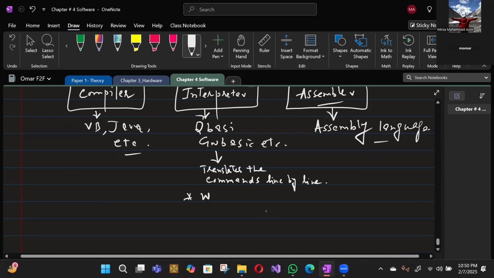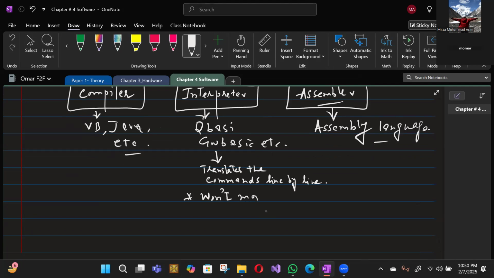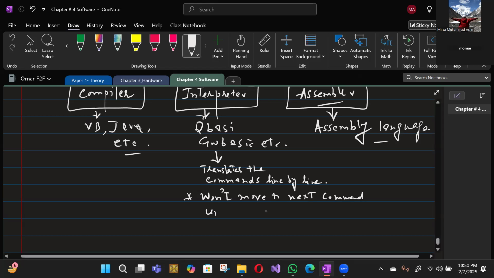It won't move to the next command until you fix the error or bug.